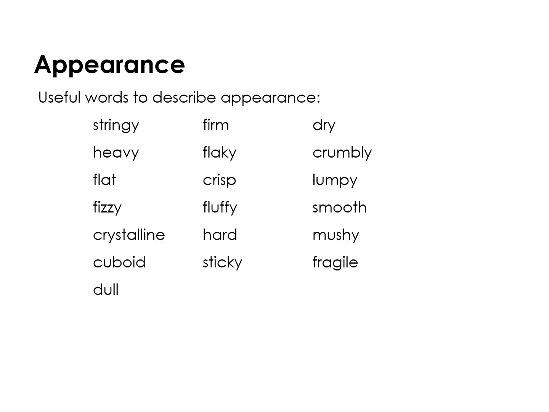Sticky is when food clings to surfaces and is often difficult to remove, like honey or caramel. Fragile. A delicate food that easily breaks or crumbles, such as a thin wafer or delicate cookie. So the dull appearance, a food that lacks shine or brightness, often indicating a lack of freshness, like a stale apple.